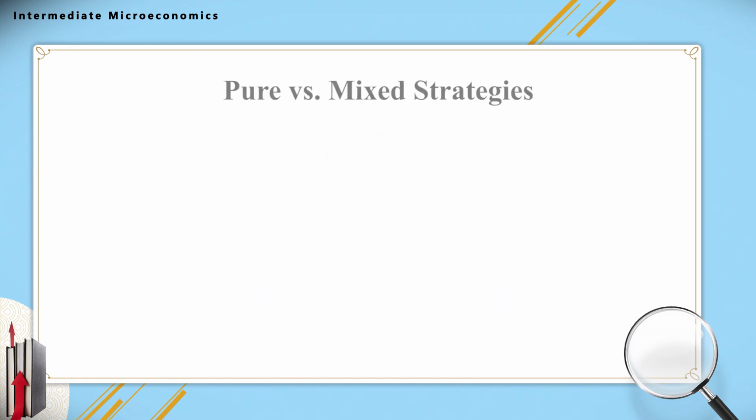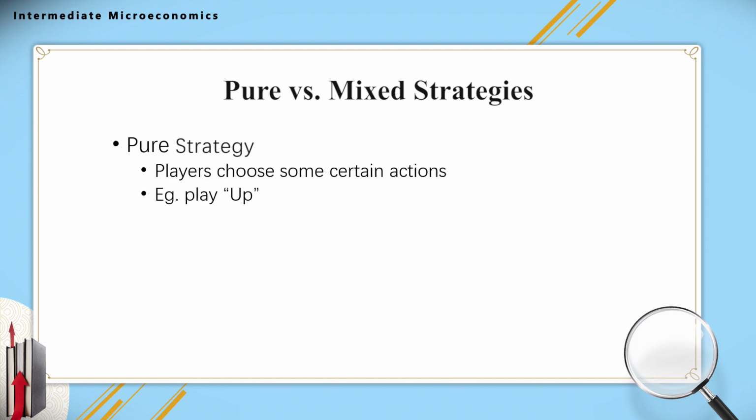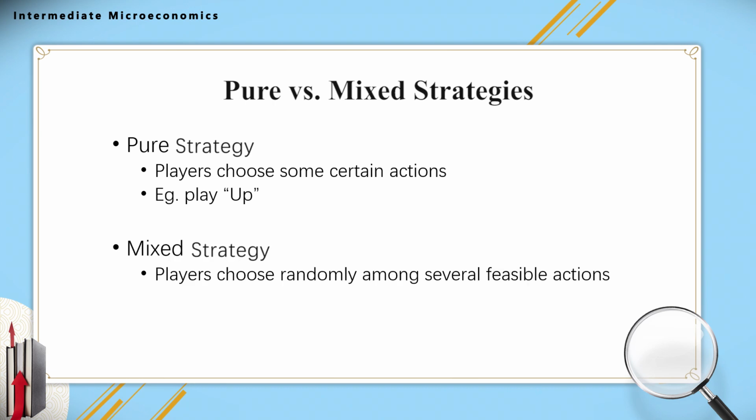In all the games we discussed so far, the strategies that players could choose are some certain actions. Such strategies are called pure strategies. But the player's strategy can actually be more complicated. That is, a mixed strategy, in which players choose randomly among several feasible actions.